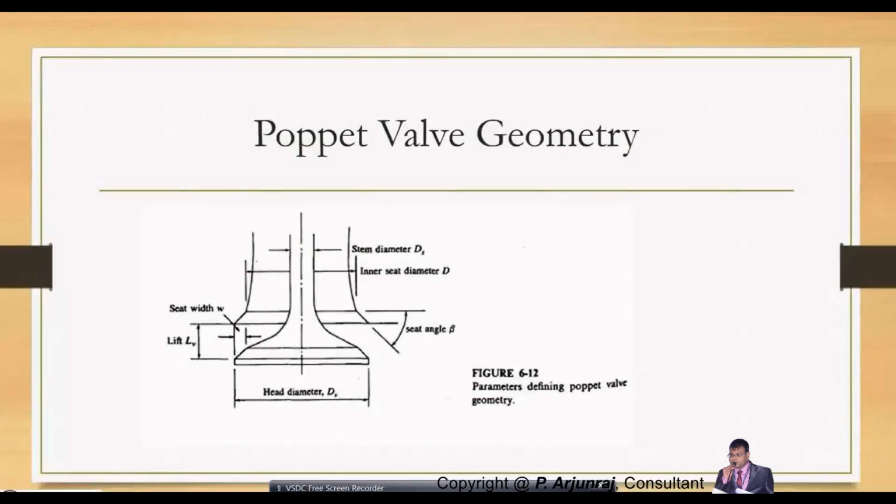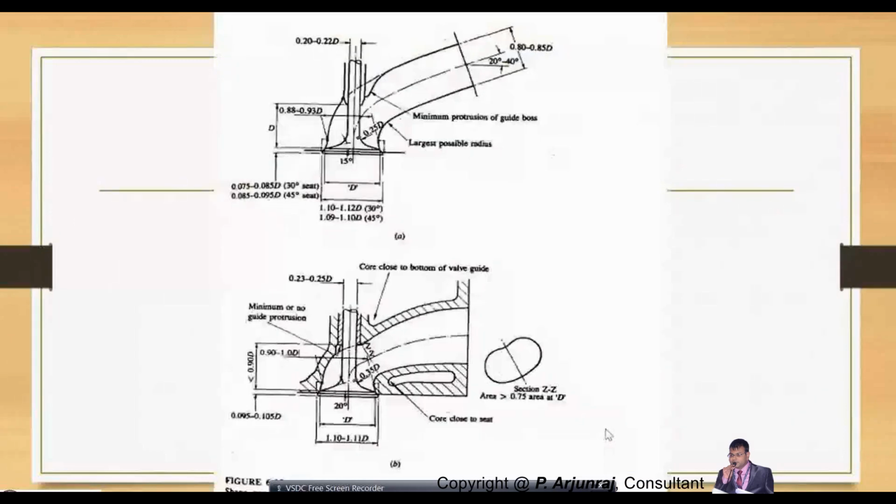Open valve geometry. You see these are different types, different methods of how you design the valves. You have different specifications. Sometimes you need to have the largest possible radius so that the amount of air coming in can be made with more area, and the protrusion should be lesser.